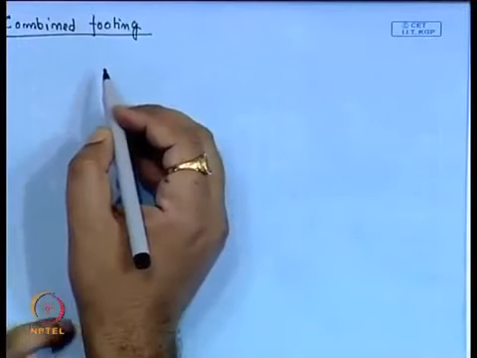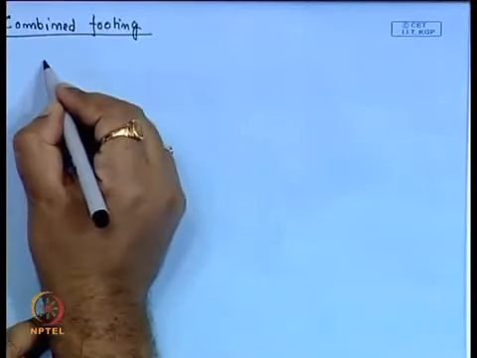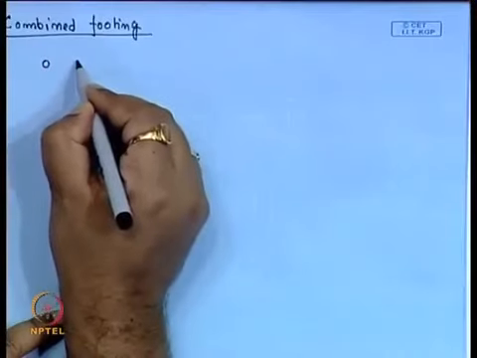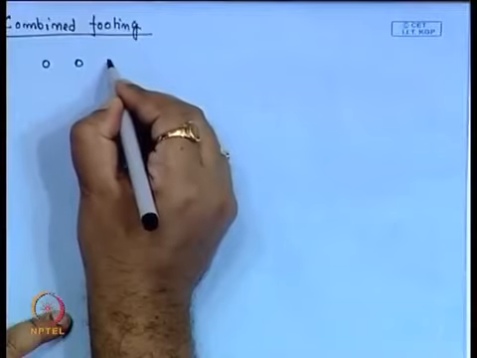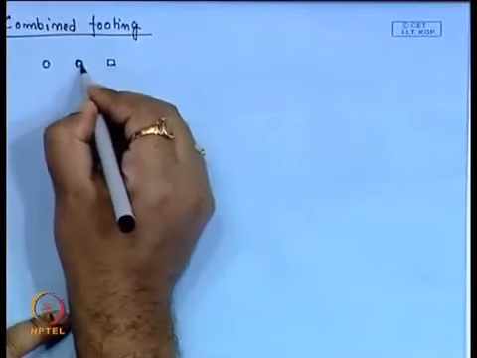Last class I discussed the design of isolated footing. Now, the combined footing may be needed, suppose if these are the column arrangements. So, these are the columns.